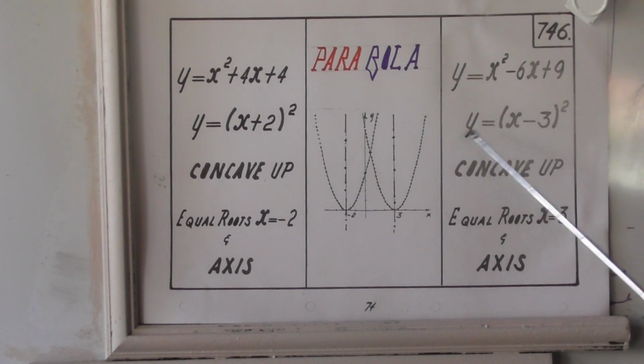If you go to this one, we do the same thing. This is the same as that. You see that 3 twos are 6 and 3 threes are 9.